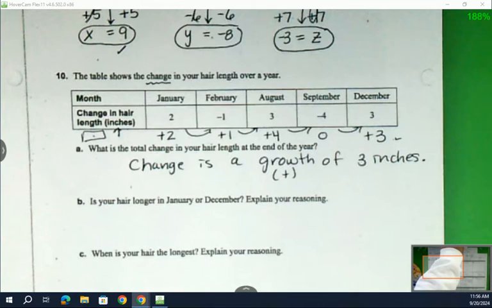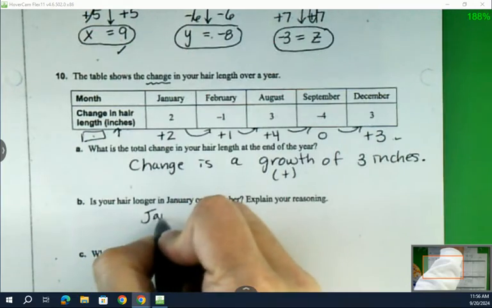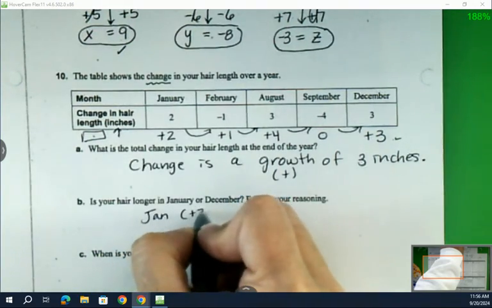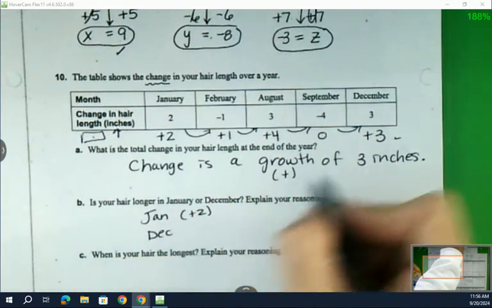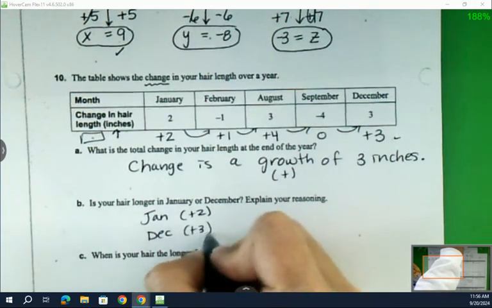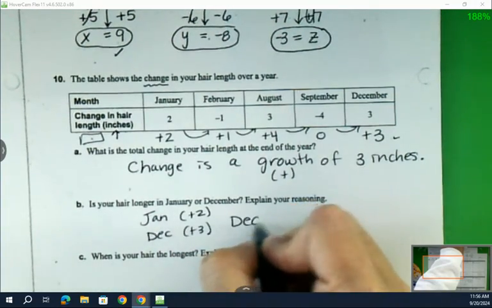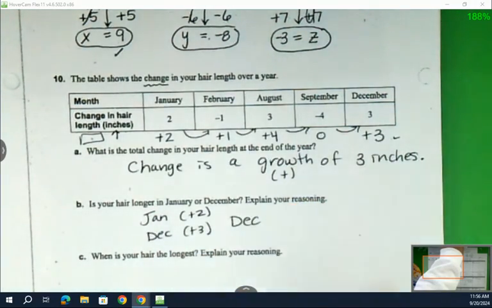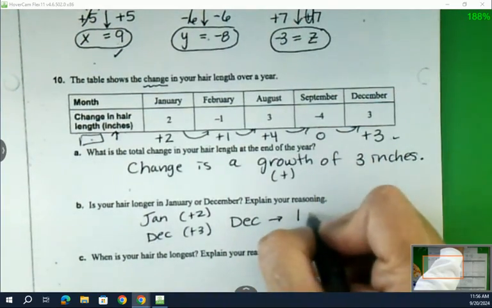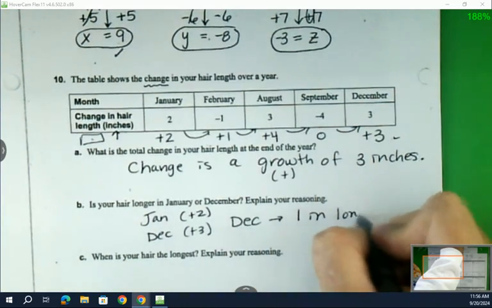B, is your hair longer in January or December? Explain your reasoning. Well, if we're looking at our chart, January was a +2 and December was a +3. So we're going to say December. And to explain, we're going to say that it is 1 inch longer.